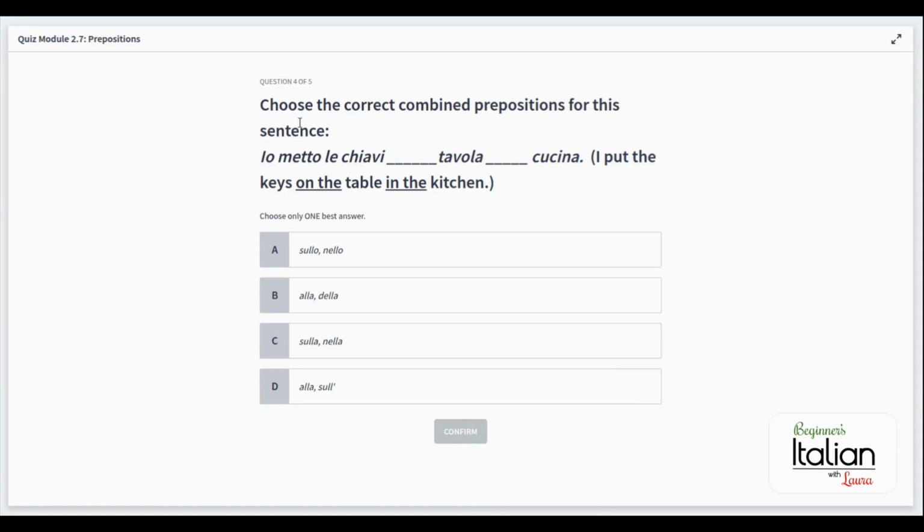Number 4, choose the correct combined prepositions for this sentence. Io metto le chiavi blank tavola blank cucina, meaning I put the keys on the table in the kitchen. Choose only one best answer. To fill in the blanks, we have A, sullo and nello, B, alla and della, C, sulla and nella, or D, alla and sul apostrofo.